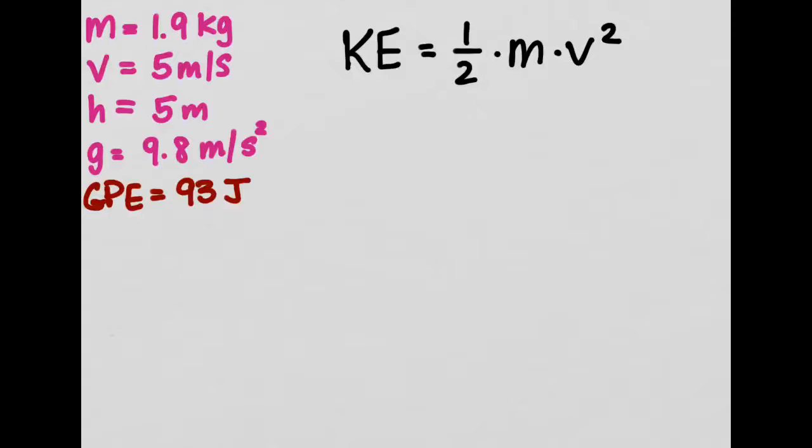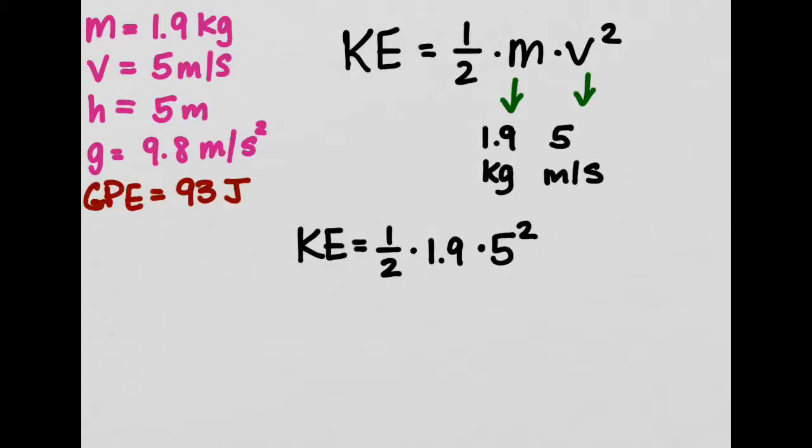Now I want to see where I'm going to plug in the numbers from the information that the problem was giving me. I know that the mass is equal to 1.9 kilograms, and the velocity is equal to 5 meters per second. So my strategy then is to multiply 1/2 times 1.9 times 5 squared.